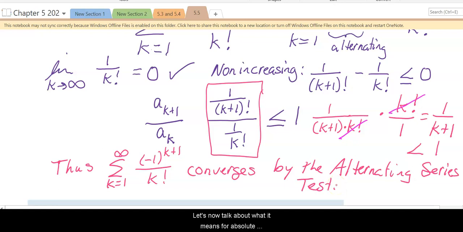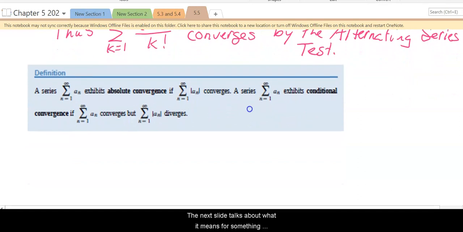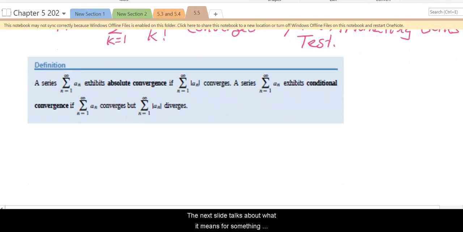Let's now talk about what it means for absolute convergence and conditional convergence. The next slide talks about what it means for something to converge absolutely. A series a sub n converges absolutely if the absolute value of it converges.